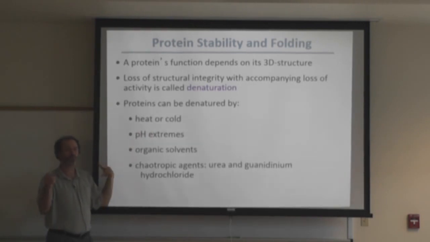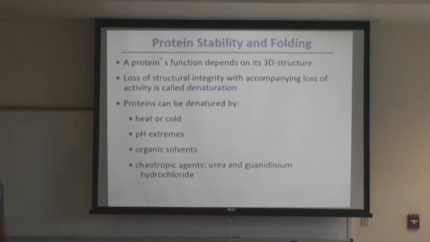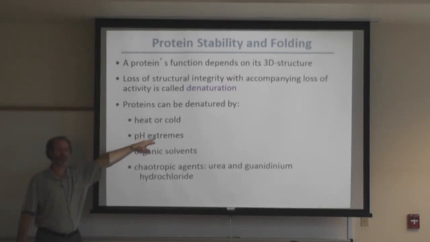Although which covalent bonds don't like to have rotation around them? Can you tell me? Double bonds don't, but what is it about proteins that doesn't like to rotate? Yeah, the peptide bonds, because they have that partial double bond character, right? Why would pH extremes unfold a protein?